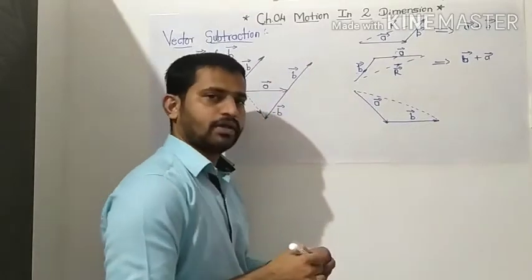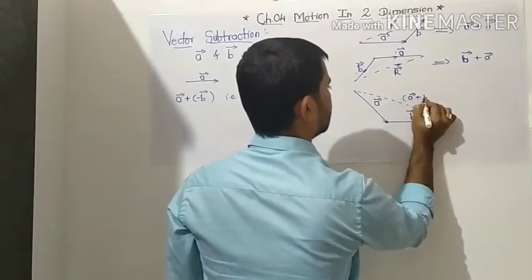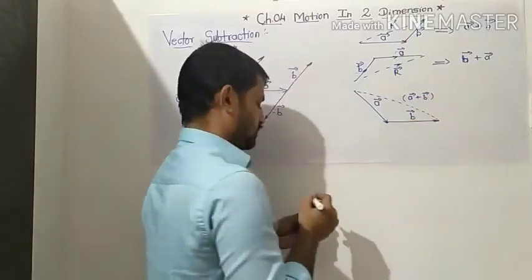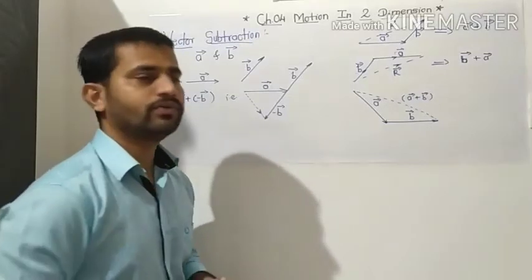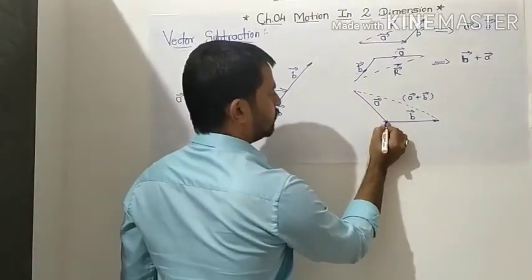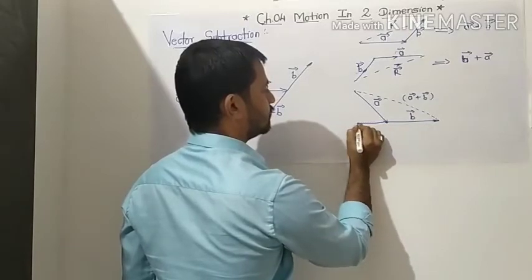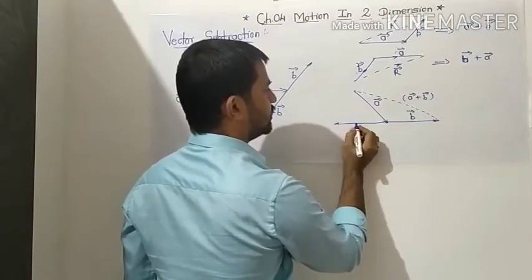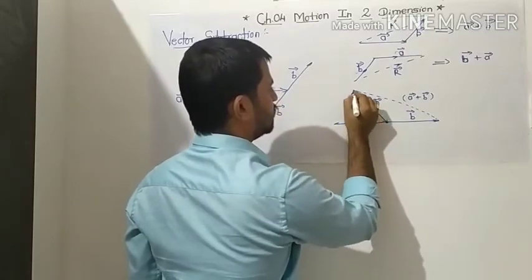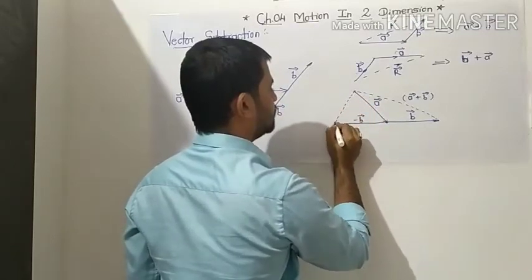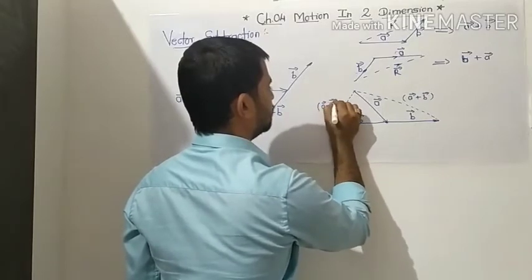Okay, this will be the resultant of A plus B. But if we have to go for A minus B, then we have to change the direction of this vector B. Then this will be minus B, and this will be the resultant of A minus B.